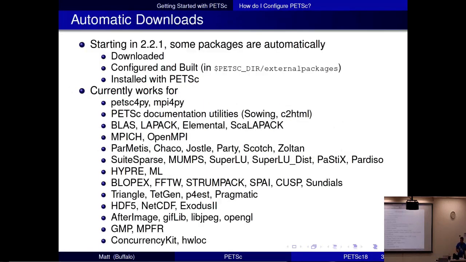So here is a partial list of the packages that we can install for you. If there's a package that we don't install, that you want installed, it is fairly painless to have it installed. We now have a nice modular infrastructure in configure for installing packages. So we have specialized modules in Python that handle make, CMake, and, what's another build system?